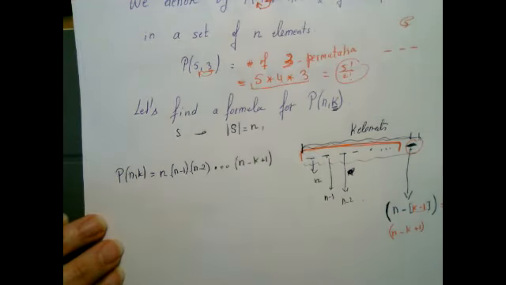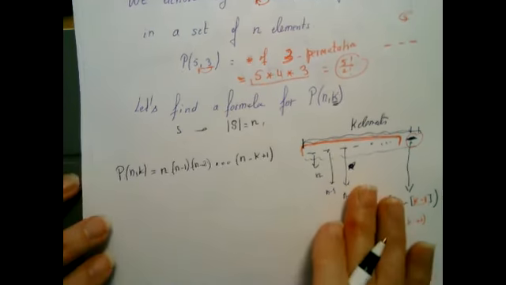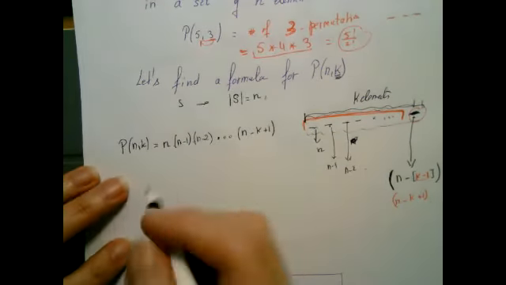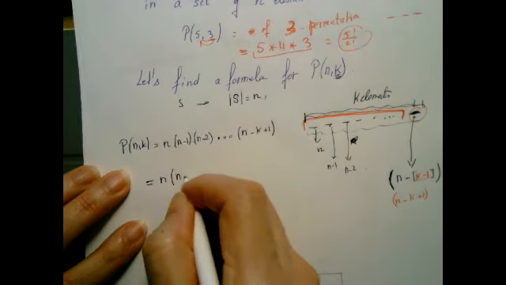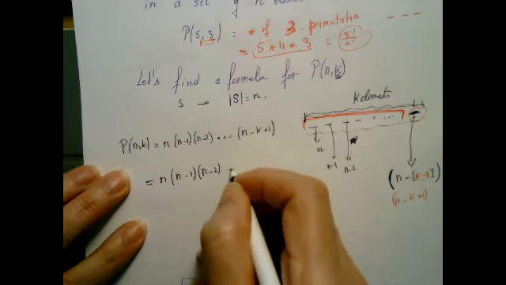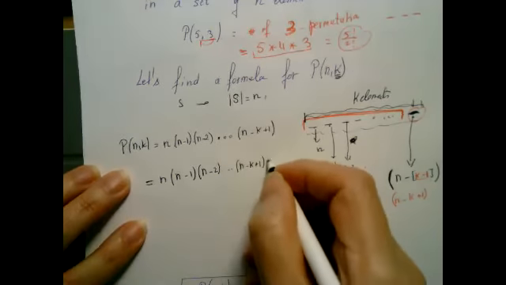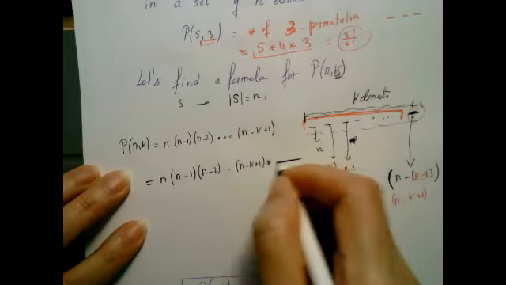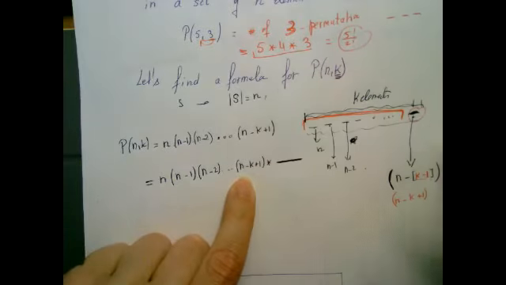So far, nothing new. Everything we're doing is using the multiplication rule. Now we're going to do an algebraic manipulation to come up with the formula that we have to know the meaning of. So this is equal to that, and so far I'm not going to change it. Now I'm going to introduce factorial somehow.